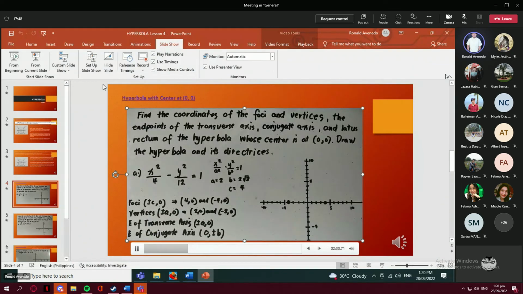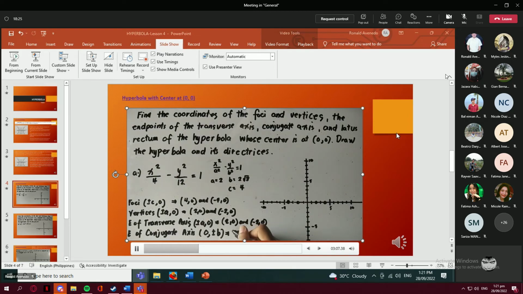So let us plot negative 2, 0 and positive 2, 0, the endpoints of the transverse axis. So we have here positive, negative a, 0. So 2, 0 and negative 2, 0, same as the vertices. Then the endpoints of the conjugate axis, 0, positive, negative b.